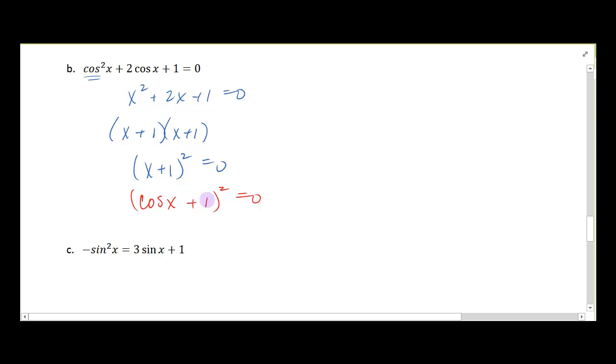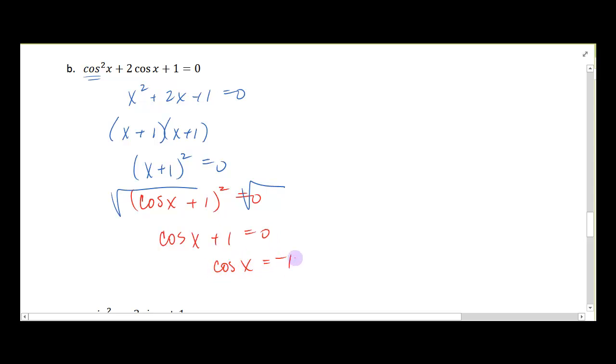To solve this equation, we're going to take the square root of both sides. When I do, I end up with the cosine of x plus 1 is equal to 0, so we will subtract 1 to the other side. Cosine of x is negative 1. Now I'm looking for angles.